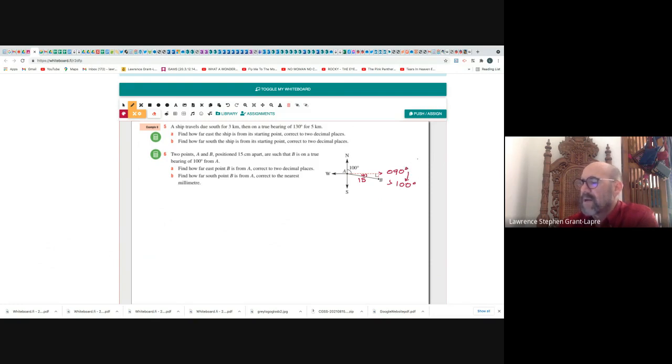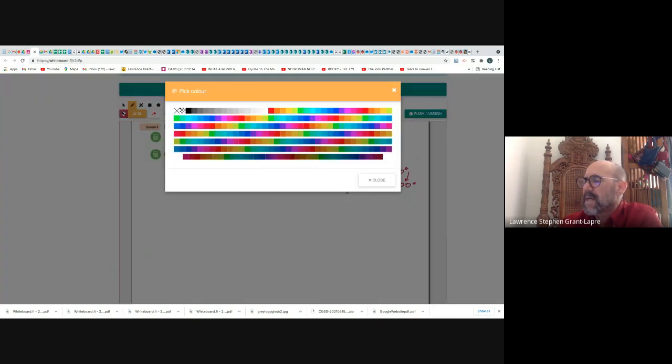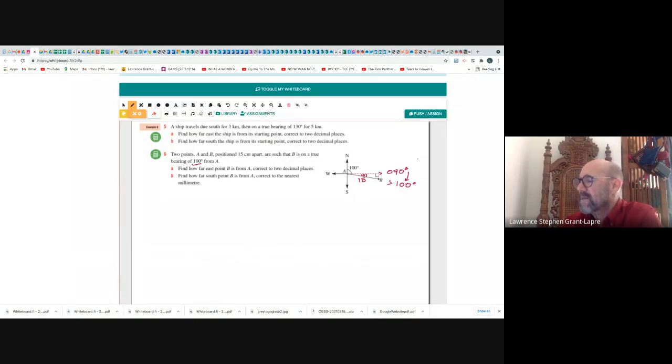A bearing of 100 is 10 degrees more than east. How far east point B is from point A? Now, how far east is that x direction from here to here? That's how far east, and I'll call that x. And that's like the adjacent side. And 15 is like the hypotenuse.